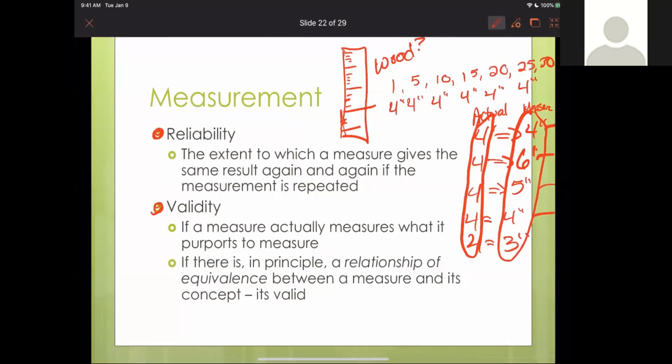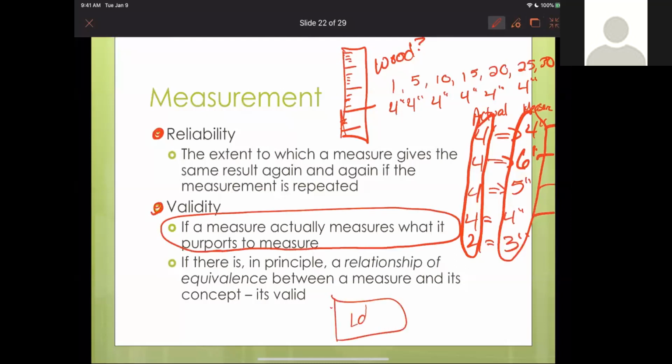Validity, on the other hand, is this idea we've been talking about, which is, does the measure actually measure what we purport that it should? Meaning, we have an idea, and we have a measure, and the two of these things pair up very well.